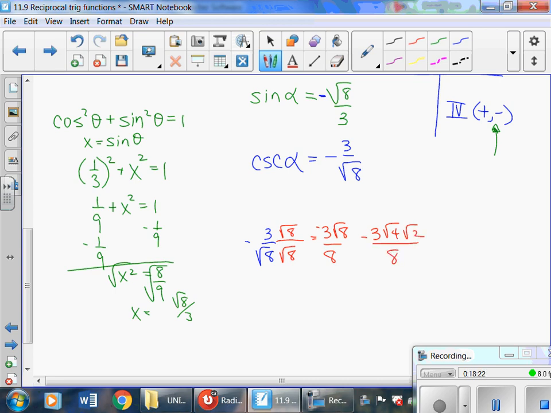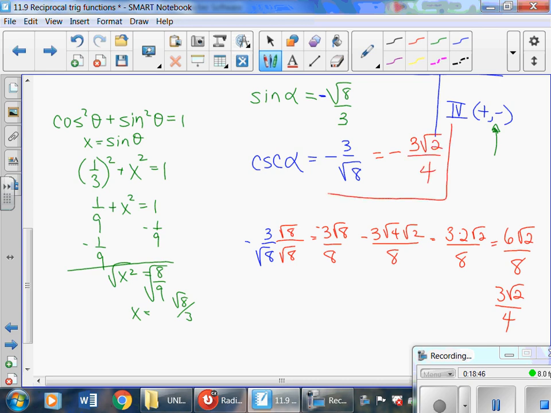That is 6 rad 2 over 8, and reducing one more time by 2, I get 3 rad 2 over 4. So this is equal to -3 rad 2 over 4. So seriously, don't forget the negatives.